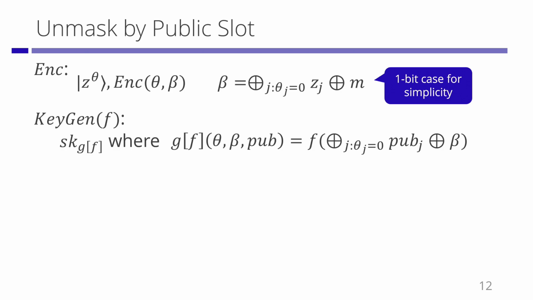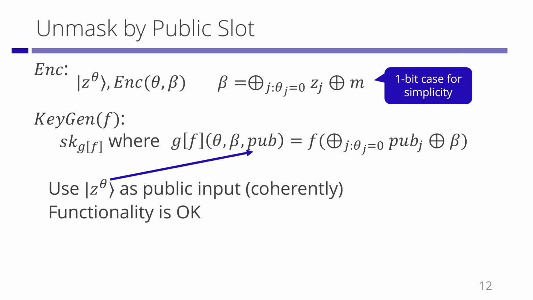And then we change the key generation algorithm like this. We consider function G, where F is hardwired in. G takes theta, beta, and public input, and outputs F of the XOR of the computational basis part of the public input and beta.